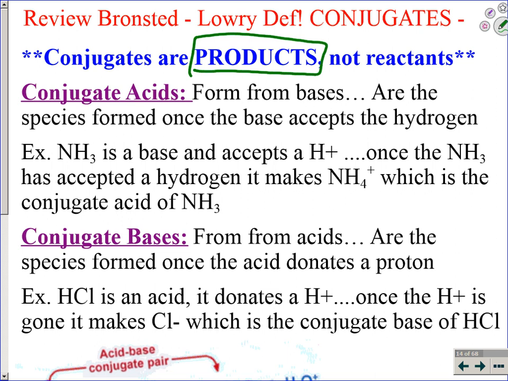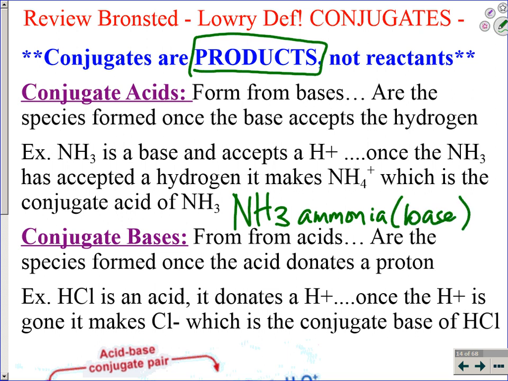deprotonating just means to exchange an H+. So if I was ammonia, and this is ammonia, this is a weak base, or I'll just say it's a base, it doesn't really matter if it's weak or strong. It's a base. What is the job of a Bronsted base? It does what? It's an acceptor, right? So make this accept a proton.